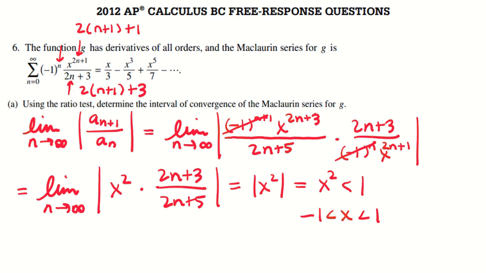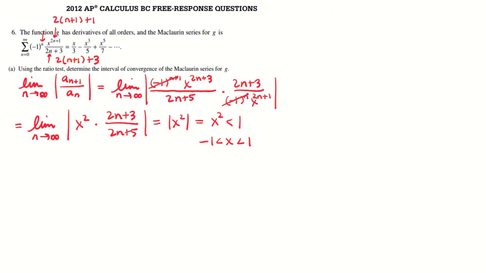Now that I've got the interior of my interval, I need to check the endpoints. I'm going to need some more room to work, so I'll go over here and say x equals 1. I'm just going to plug directly into the series. I'll have 1/3 minus 1/5 plus 1/7, and so on.